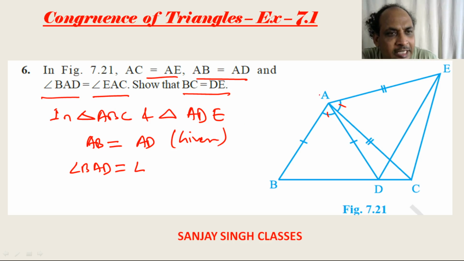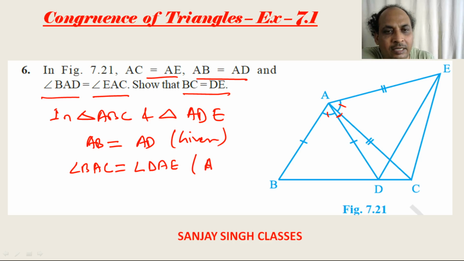So this part has become common. Okay, suppose X. So that common part will get added for both. So it means we can write not BAD, we can write angle BAC is equal to angle DAE. Yes, we can write.